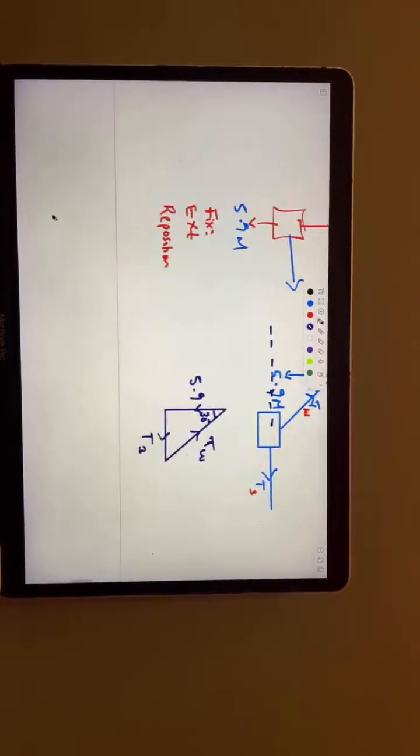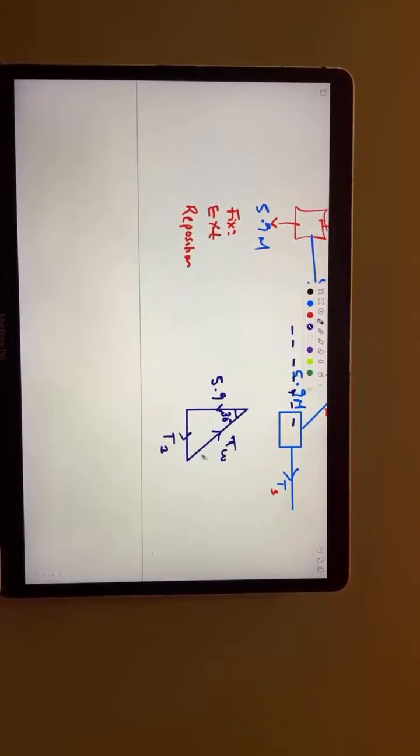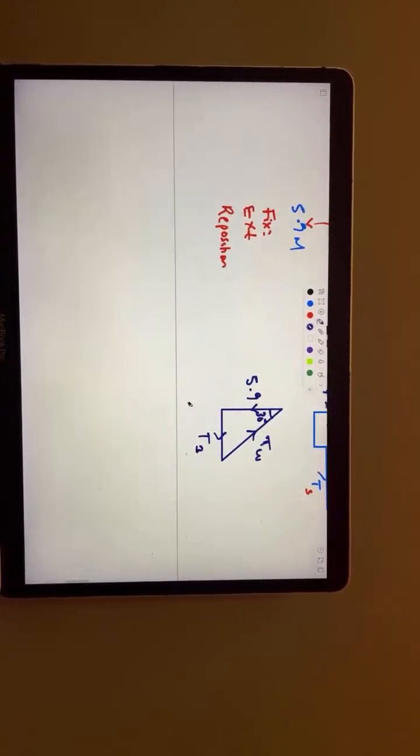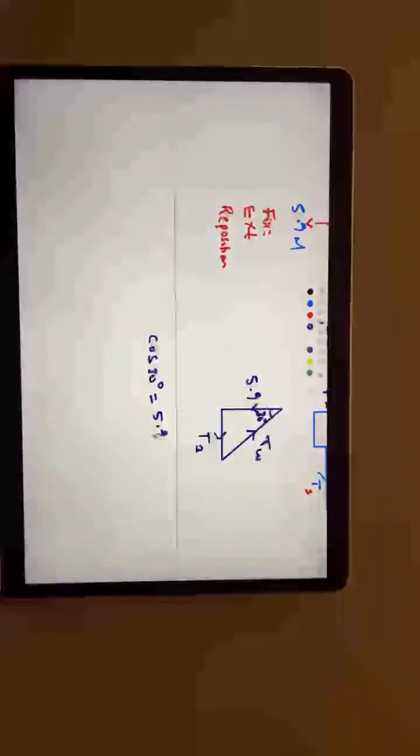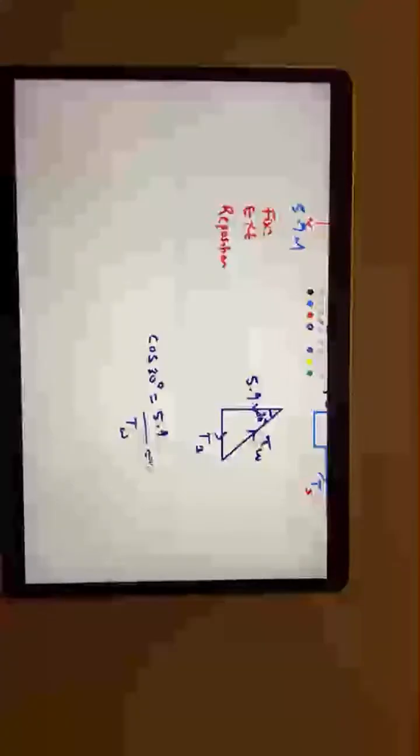Okay. So now you can use SOHCAHTOA to solve this problem. If I want to use SOHCAHTOA to solve for TW, I can use cosine. Cosine of 30 degrees is adjacent over hypotenuse: adjacent is 5.9 over TW.